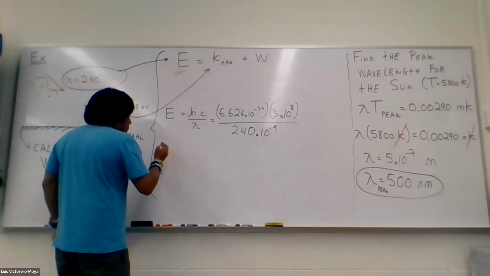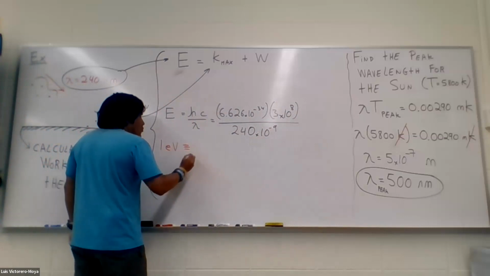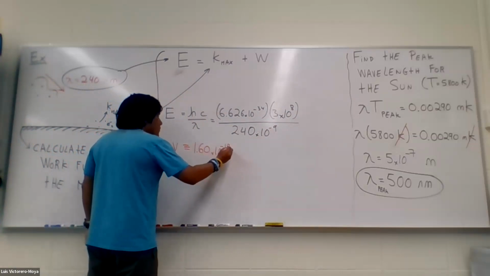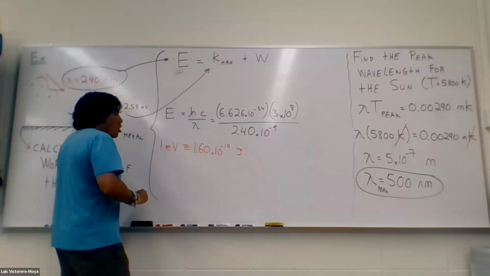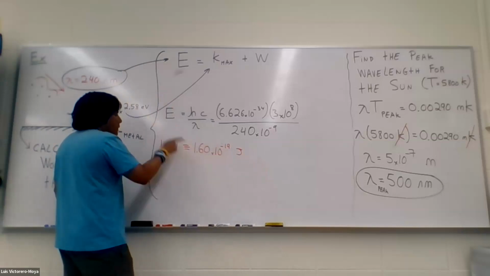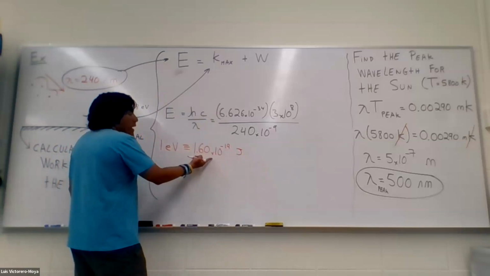1 electron volt is equivalent to 1.60 times 10 to the negative 19 joules. If I want to go from electron volts to joules, I multiply. If I want to go from joules to electron volts, I divide by this.